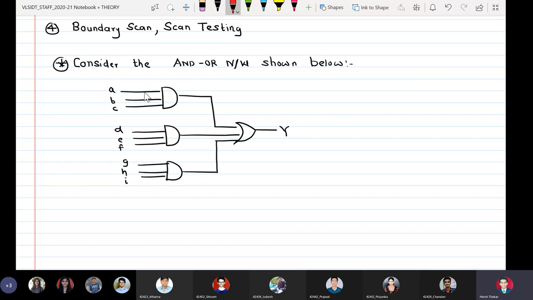We can have both kinds of faults at any of the 9 inputs. Any of the 9 inputs here, from A to I, can suffer from either stuck at 0 or stuck at 1. At the same time, it is also possible that the outputs of the AND gates can suffer from stuck at 1 and stuck at 0. It is also possible that the final output Y, that is the output of the OR gate, can also suffer from stuck at 0 or stuck at 1.